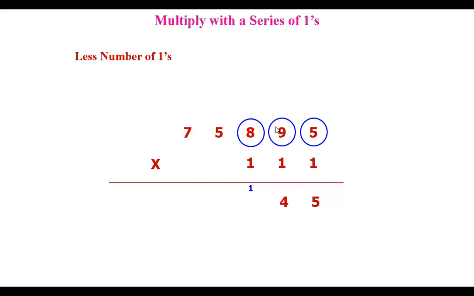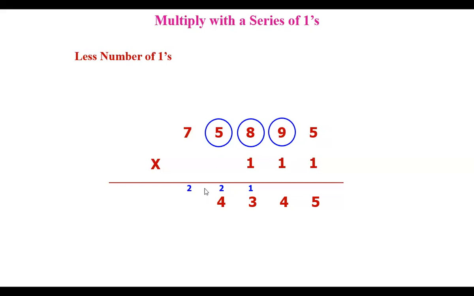5 plus 9, 14, plus 8, 22. Already 1 is there, 23. 3 here and 2 in the next place. Clear? Next, only 3, we cannot go for 4 because we have only 3 numbers here. So remove this 5, add the left side number. 9 plus 8, 17, plus 5, 22, plus 2, 24. 4 here, and 2 on the left side.